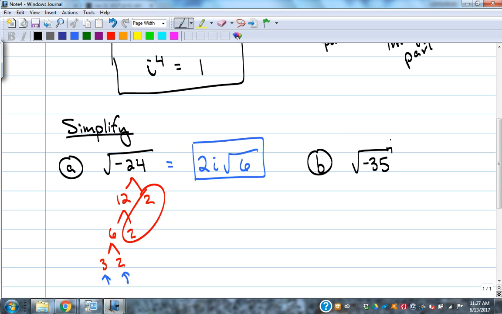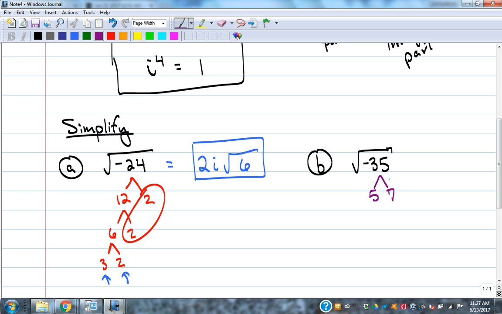What about the square root of -35? If we're dealing with the square root of -35, I'm going to try to break down 35. Well, it's 5 and 7. Those are both prime numbers. There are no pairs, so that means no number comes out.